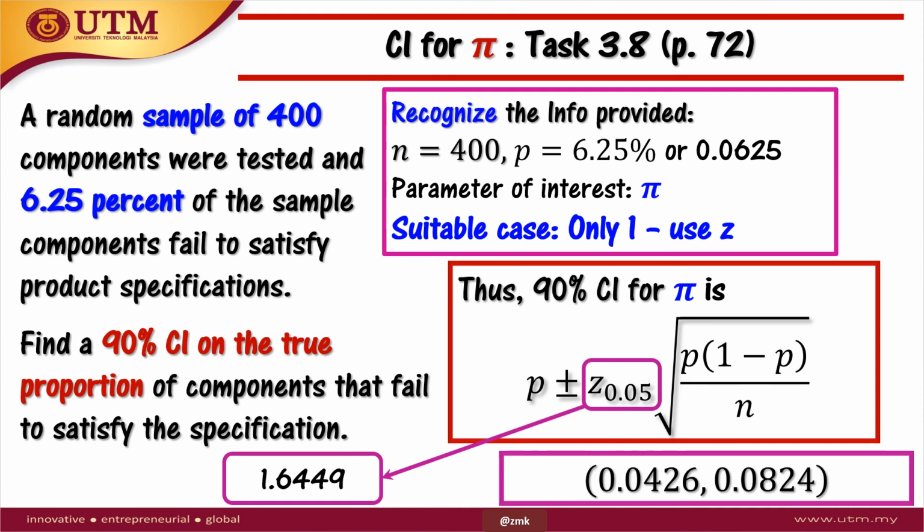What can we say about the value? We can say that we are 90% confident that the interval 0.0426 and 0.0824 contains the true parameter value of the population proportion of components that fail to satisfy the specification.